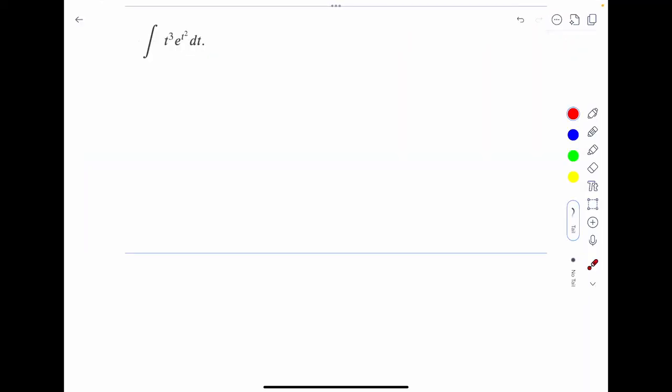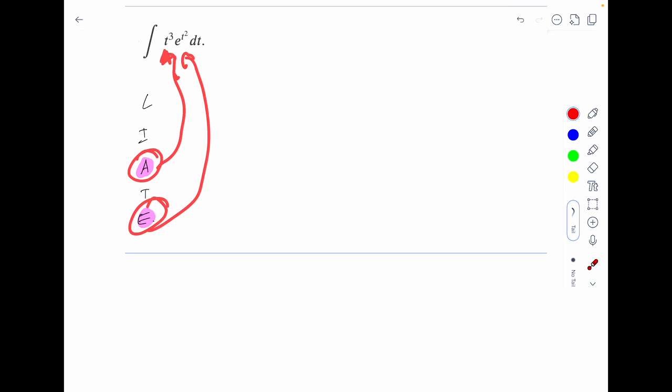Alright, now what about a situation like this? We can apply LIATE, and when we apply LIATE, we've got algebra here, exponential here. The algebra is going to be t cubed, obviously. Exponential is going to be e to the t squared.